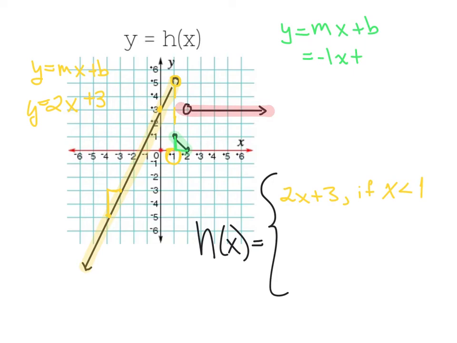And to identify what the y-intercept is, I'm just going to extend that line back towards the y-axis, and I see that it crosses our y-axis at 2, which means the y-intercept is going to be at 2. And now we have an equation for the green portion of the line. It is negative x plus 2.